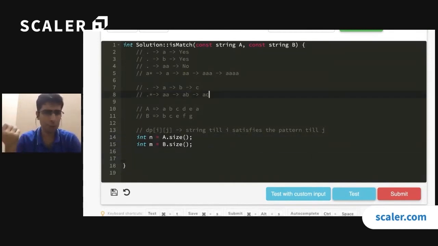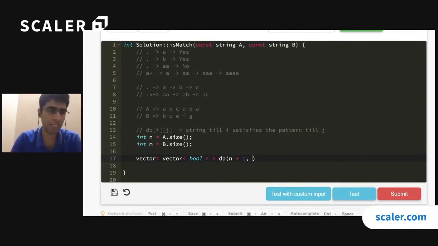Now I will try to create a 2D DP matrix, a vector of vector of bool, because I only have to represent true or false, which will have number of rows equal to n plus 1. Why n plus 1? While doing DP problems, I personally like indexing by 1 to avoid out of bound array checks. That is why I always create a DP array of size n plus 1, and this will be a vector of bool of size m plus 1.